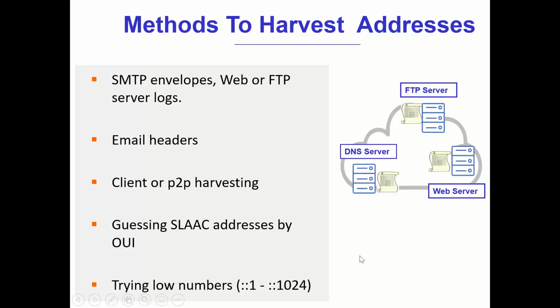Also they try using the low numbers. A ton of people do stuff like this. Especially if you're using DHCP, they start with ::1. Of course, why not? Makes sense to me, right? That would be your first thing that you do.